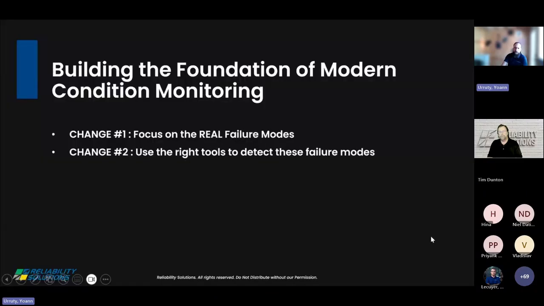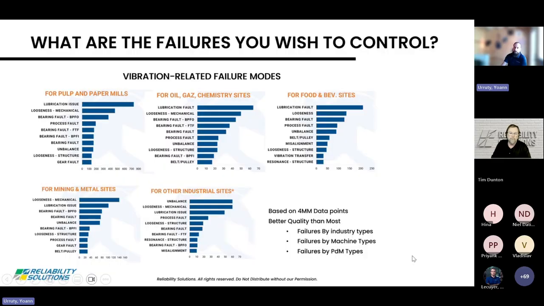Moving on. So, a couple of changes with regards to the foundation of modern condition monitoring. We're going to talk about failure modes and using the right tools to detect the failure modes. First of all, here's a statistical analysis that we made a few years ago, and I can tell you a little bit about how we got to that data.